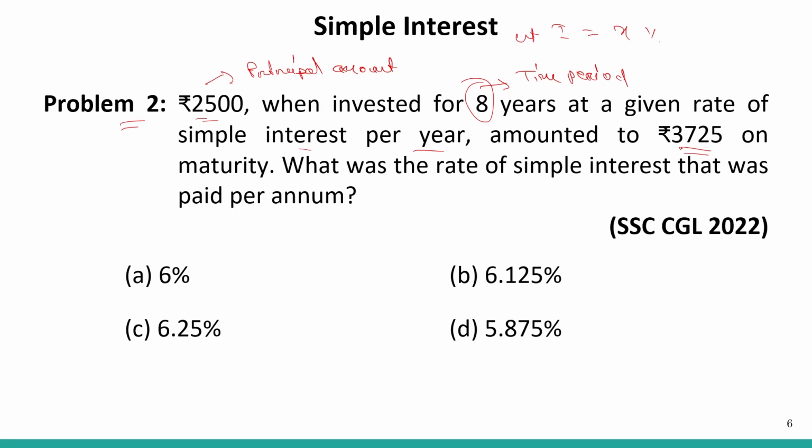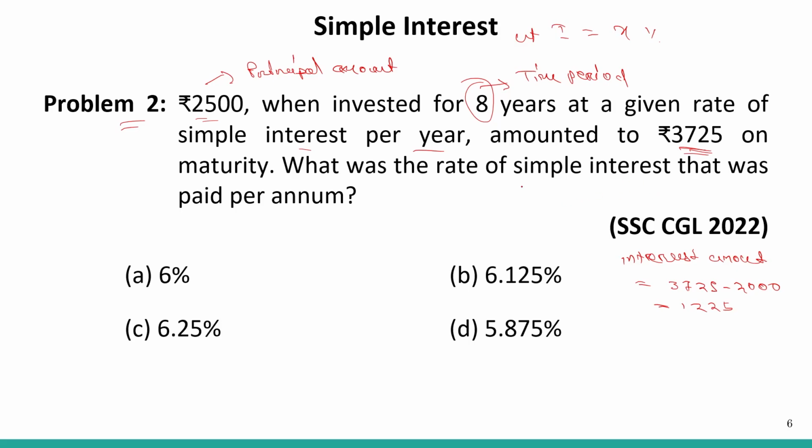This amounts to 3725. So the interest is equal to 3725 minus 2500, which is 1225. Then what was the rate of simple interest that was paid per annum?